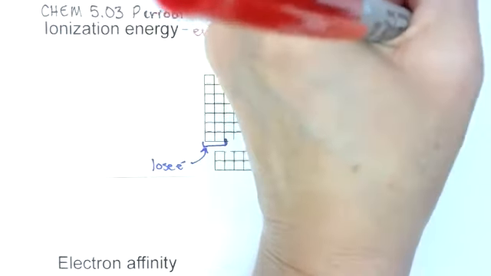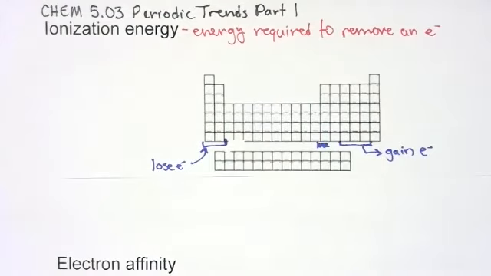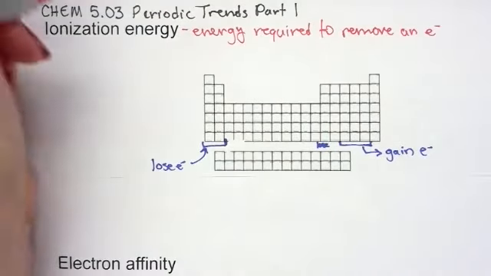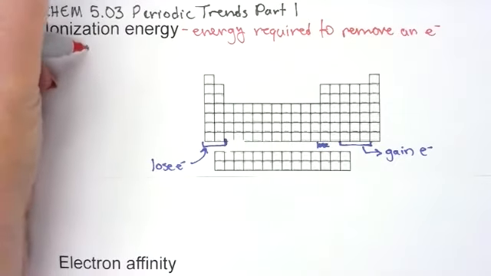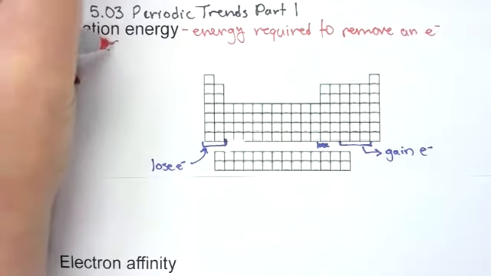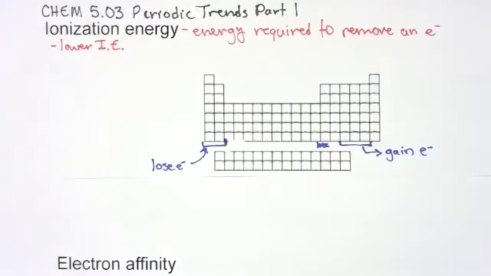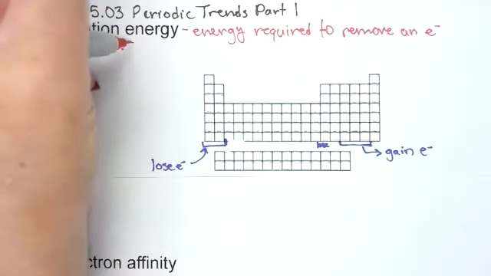And we know when we remove an electron, we end up with a charge and we form an ion, so it's called ionization energy. To sum it up, a lower ionization energy, and IE will be the abbreviation for that, is an element that easily loses an electron.